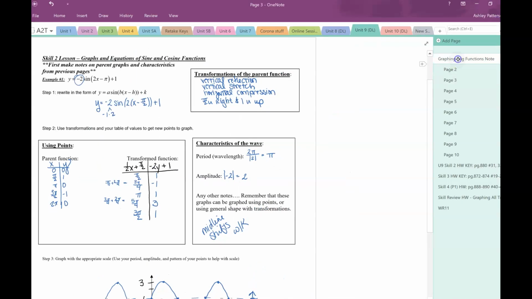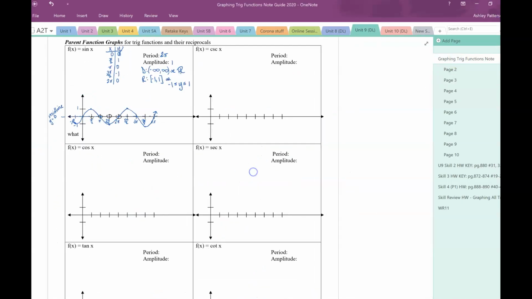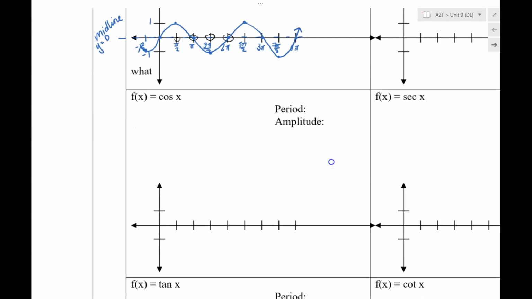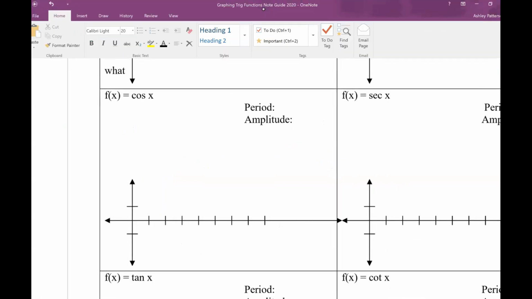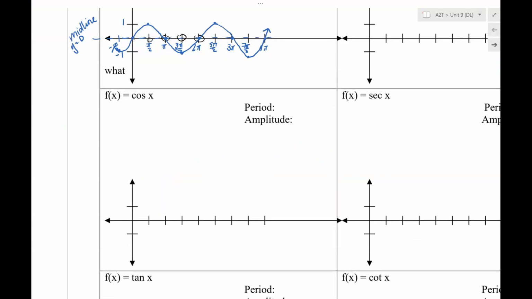I want to go back to the beginning where we have our parent functions listed out, and let's look at cosine. Now we're going to approach it in a very similar manner. I already told you that the period was 2 pi at the beginning. I'll tell you right now the amplitude is 1. We are dealing with parent functions that's not going to shift at all. So it's going to go up 1, down to -1, and our x-axis is still in radian measure.